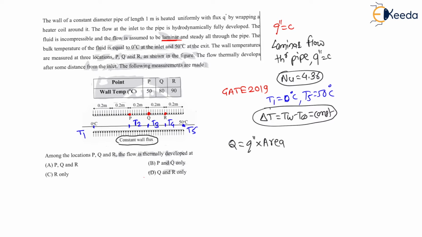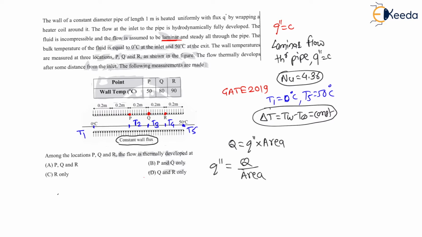And can I say this heat flux is acting on surface area, right? Therefore we have to consider surface area. Therefore this heat flux will be equal to q divided by surface area. Very important.